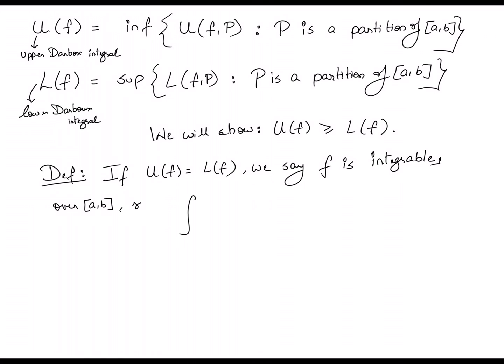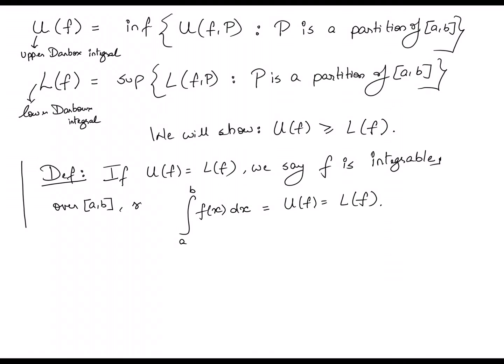And we will denote the integral as follows: integral from a to b of f(x) dx. Why this dx business comes in, and why the integral is written in this manner, is something that hopefully, time permitting, we will get into. But at this point, just think of this as the notation for the integral of the function f from a to b. This integral will just be defined to be U(f) equal to L(f).